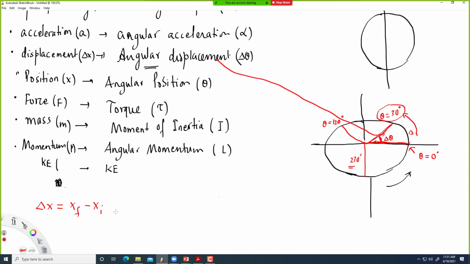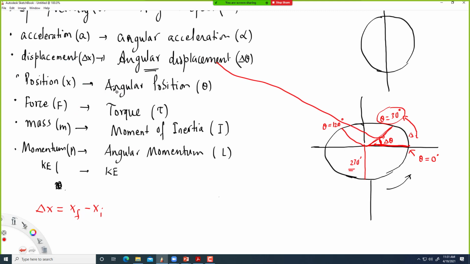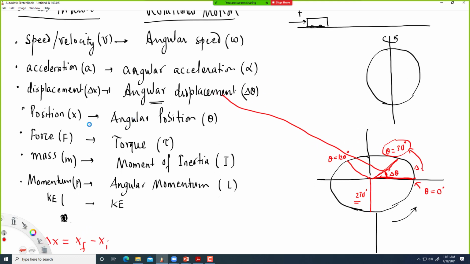So we don't have a new formula here. The only thing we do here is just replace this linear part by angular part. So to find the angular displacement, delta theta, you replace x by theta. Okay, so xf is theta f, xi is theta i.